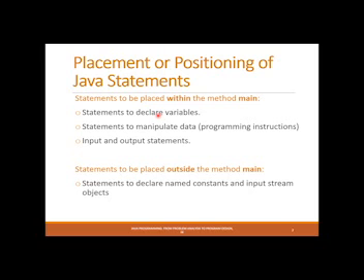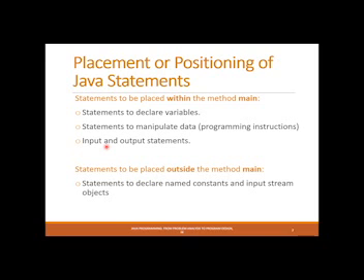What are the statements to be placed within the method main? We have statements to declare variables. So, the variable declarations must be within the method main. Statements to manipulate data, or what we call the programming instructions. And the input and output statements.